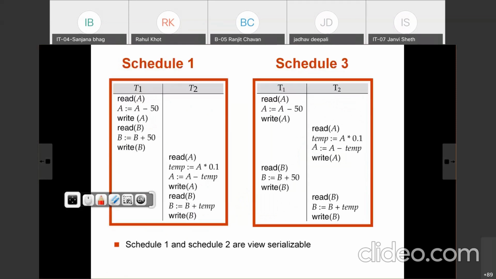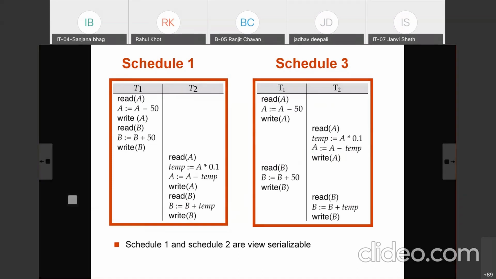Now see this one. Whether these are view serializable: it is view serializable. Why? Because you can observe that here T1 reads the initial value of A, and here also T1 reads the initial value of A. So the first condition is satisfied.